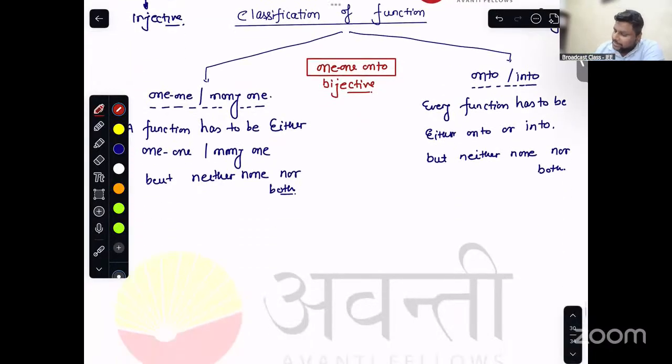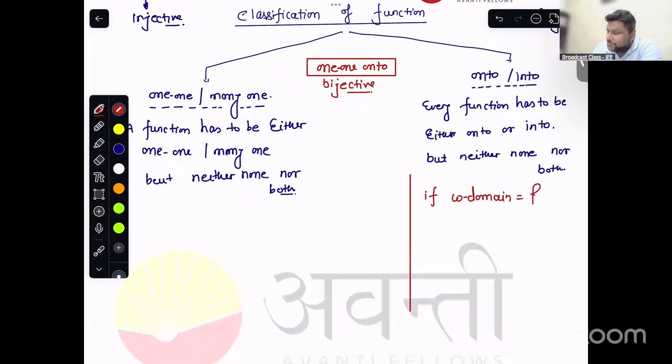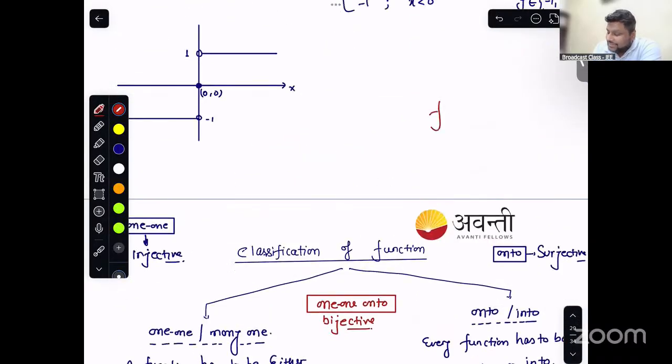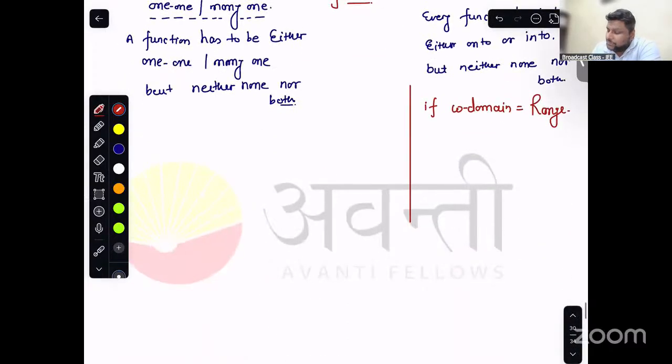Now see, the theory behind onto is very clear. If codomain is equal to its range... let me remind you again what is codomain. If they say a function is defined from A to B, then this entire set B is what we call codomain. So if codomain is equal to its range, the function is onto.